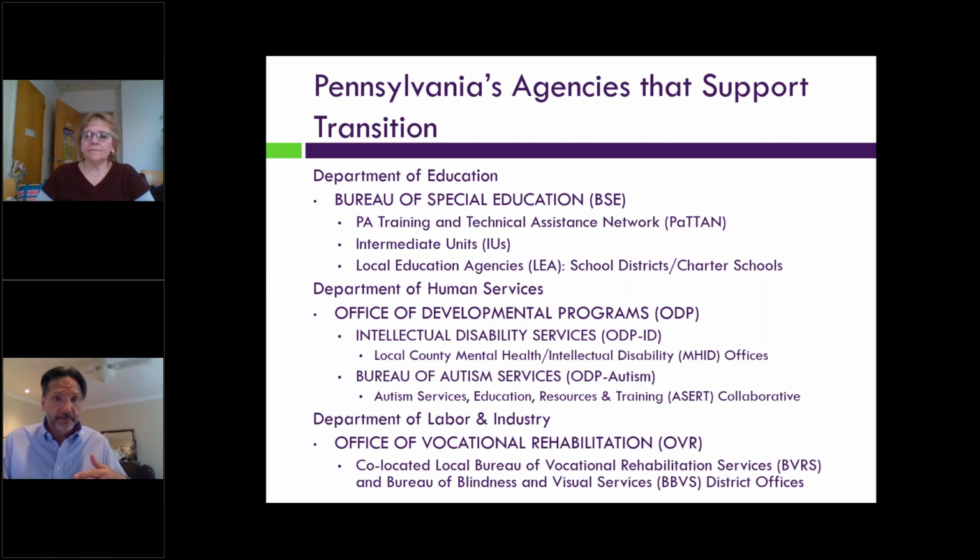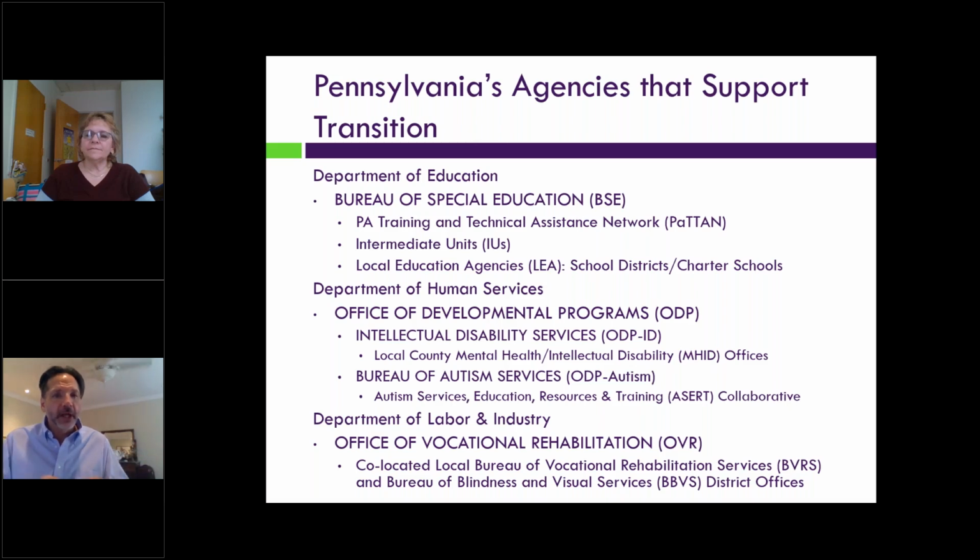Then under the Department of Human Services, you have the Office of Developmental Programs, and that is broken into the Intellectual Disability Services, and that at the local level includes the local county mental health intellectual disability offices. And then also under the Office of Developmental Programs is the Bureau of Autism Services. And they have the Autism Services, Education, Resources and Training, or ASERT, collaborative under that group.